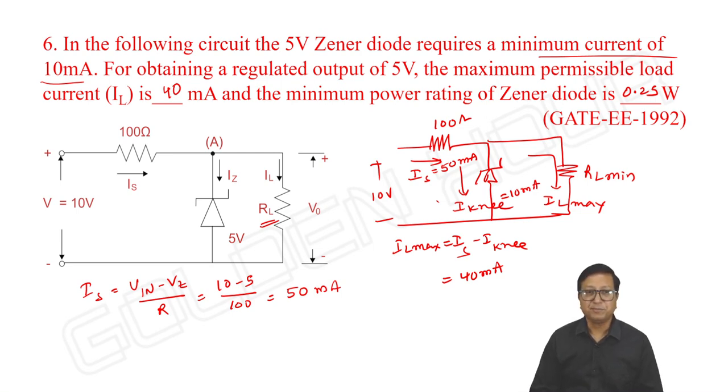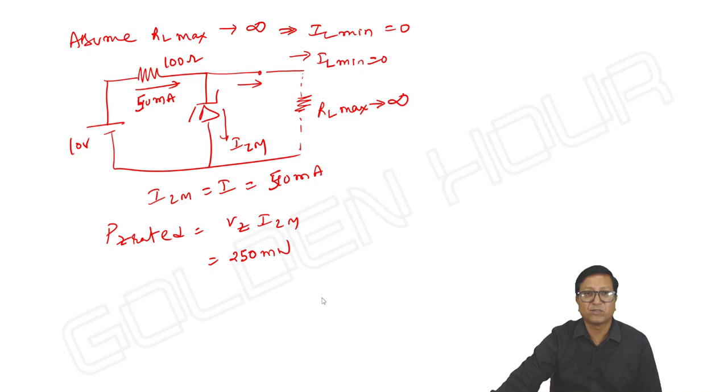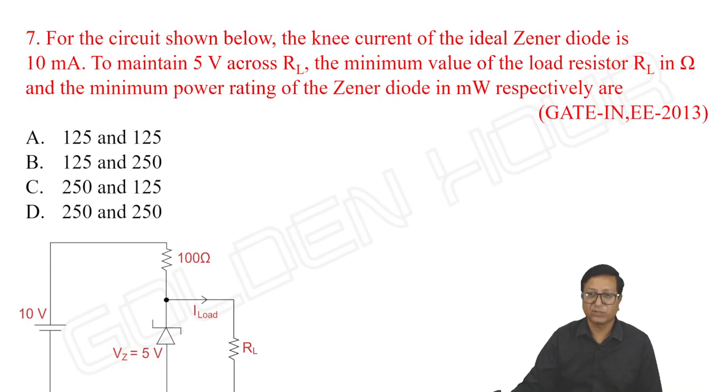Okay. This is how we can do it. Minimum power rating is possible with IZM. IZM comes with RL maximum, and we are assuming RL maximum is equal to infinite. That's it. Next, see this question. GATE 2013. For the circuit shown below, the knee current of the ideal Zener diode is 10 milliamperes. Same problem, only to maintain 5 volts, with 10 volts, 5 volts, 100 ohms.